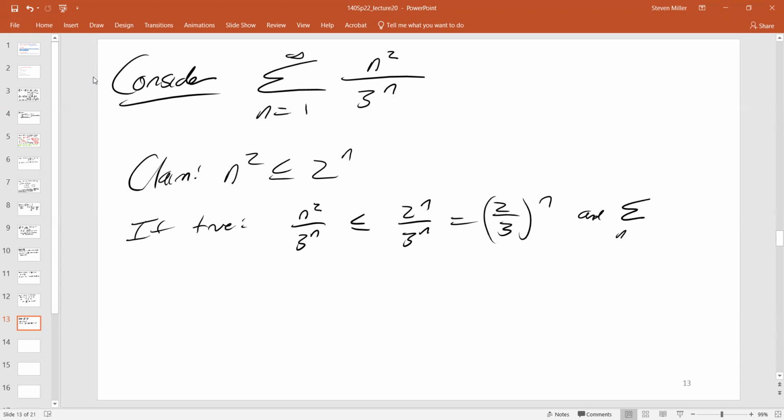And what do we know about the sum, n goes from 1 to infinity, of (2/3) to the n? This converges. Why?